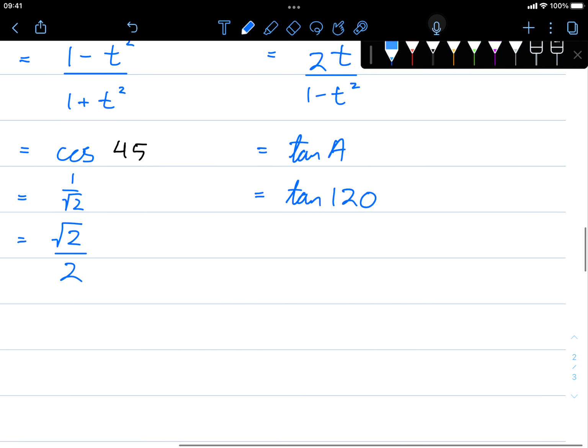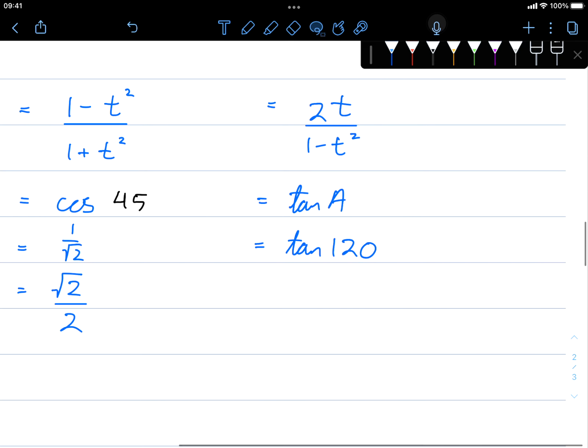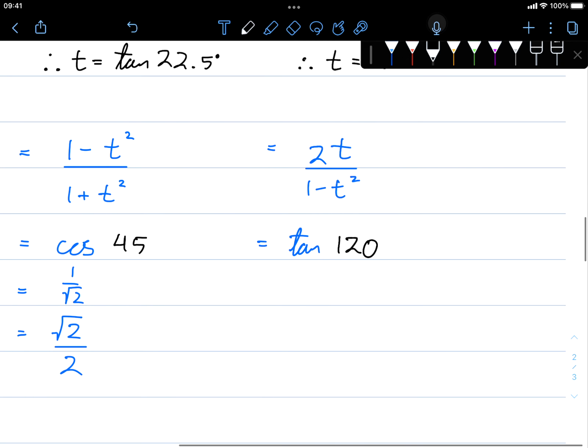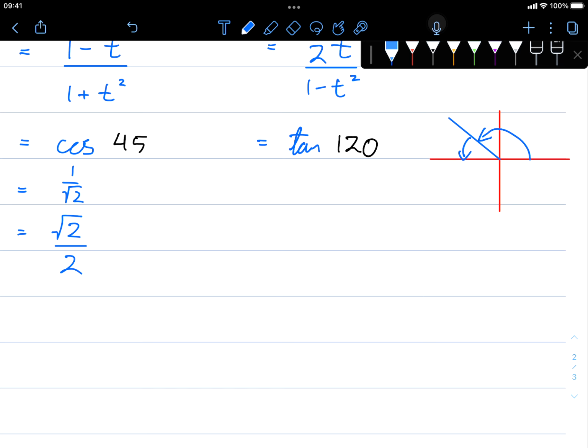And this, we're going to have to do some trig identities. And actually doing this has revealed something else, because I believe it should be a negative value. Let's take a look at this in terms of the quadrants. 120 is in the second quadrant. If that's 120, this is going to be 60 degrees.